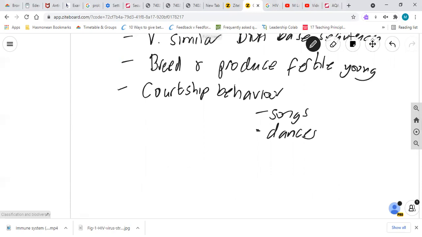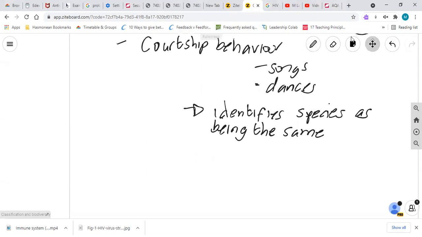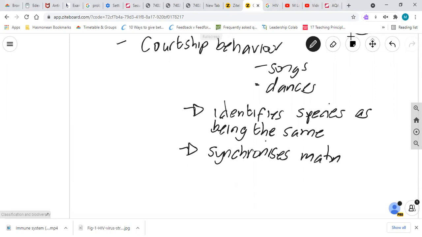The idea with important bits of courtship behavior is that it identifies the same species, so that an organism knows that it is actually mating with the same species, and it also synchronizes the mating time so that an organism is aware that the other organism is available and ready to mate.